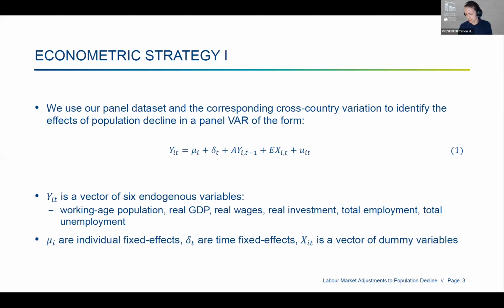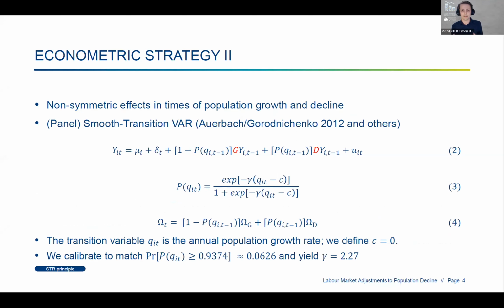To analyze the reactions to population growth and population decline requires a nonlinear framework. Currently this is linear, right? So we follow a strand of the literature which combines the vector autoregressive model with the idea of a smooth transition regression. If you now look at equation 2 compared to equation 1, one crucial thing has changed.